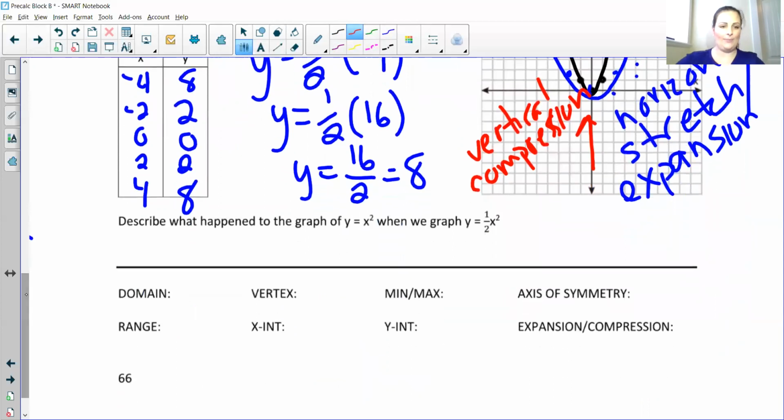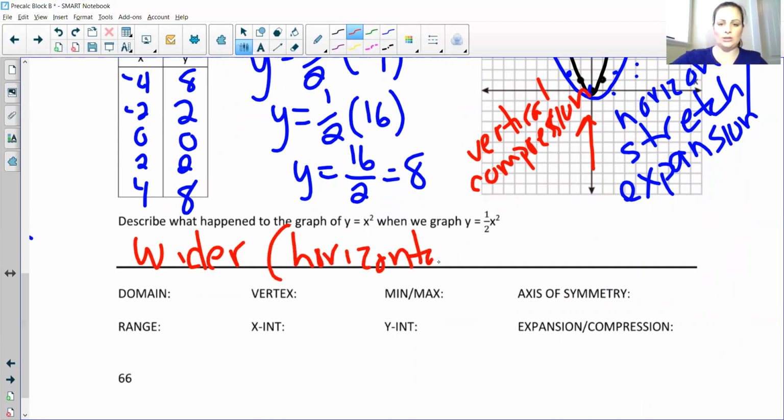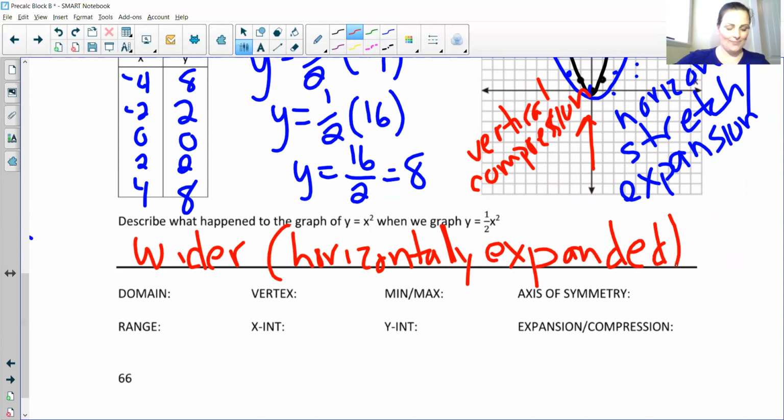Okay, so what happened? It became wider. And usually everything's in terms of horizontal, so it's horizontally expanded or stretched.